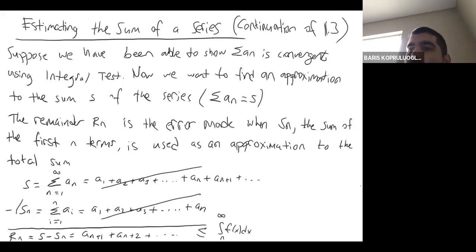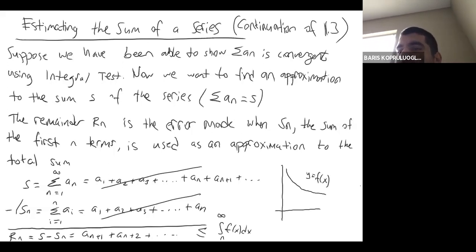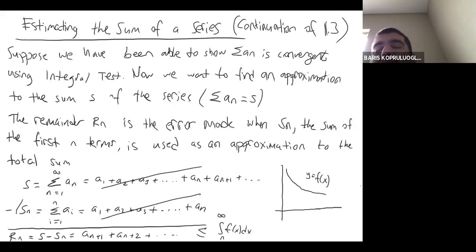And here is why. f is a positive, decreasing and continuous function. Remember, we're using the integral test to show the improper integral, and so the series, is convergent.